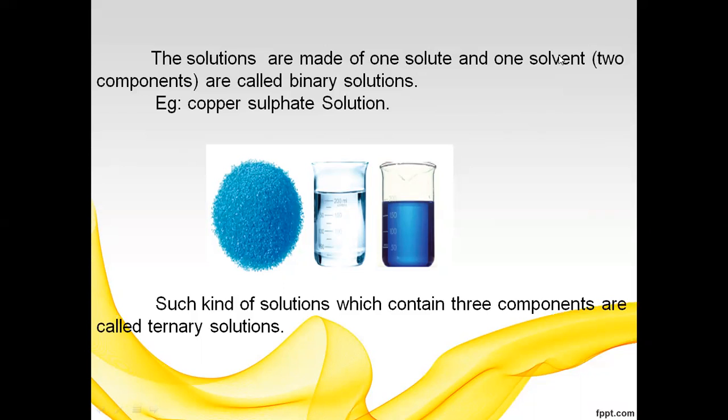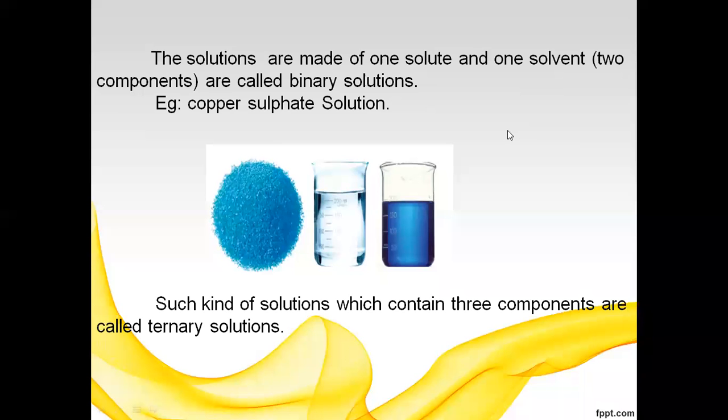A solution containing two components is called a binary solution, and one containing three components is called a ternary solution. A binary solution example is the copper sulfate solution, and a ternary solution example is the salt, water, and sugar solution.